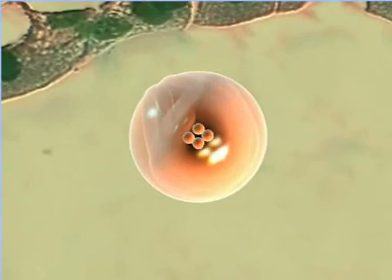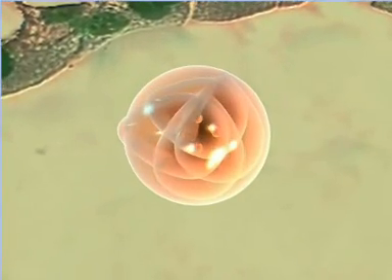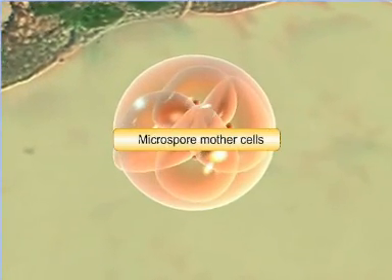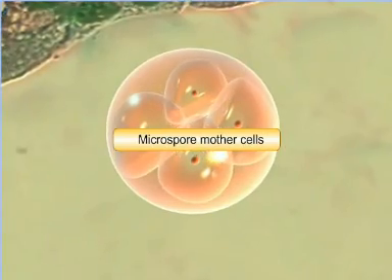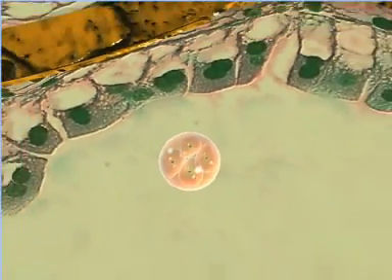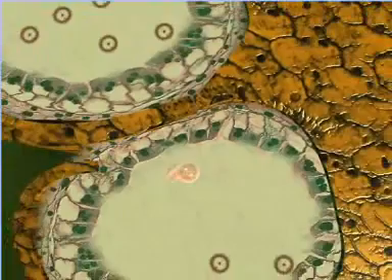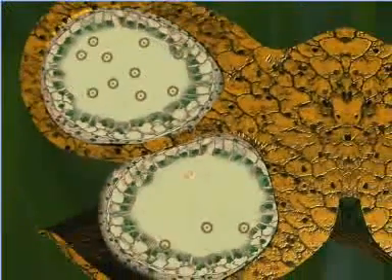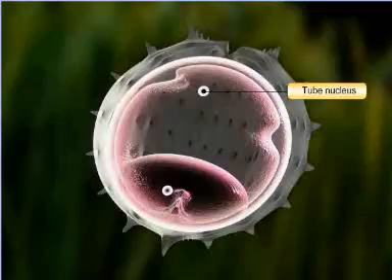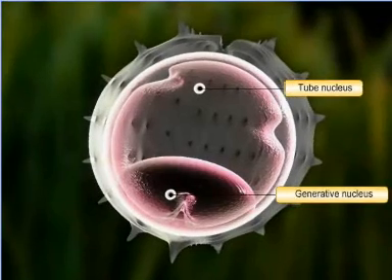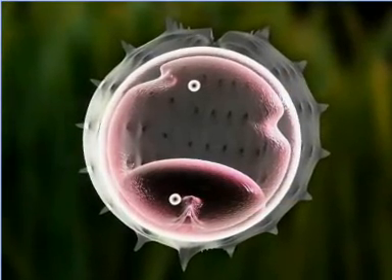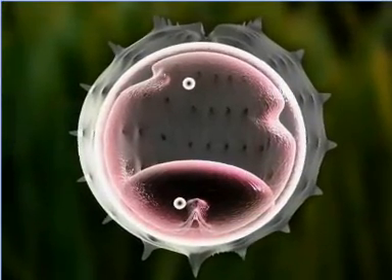The anther or microsporangium of an angiosperm plant contains microspore mother cells that undergo meiotic division to form the male gametophyte called pollen grains. The mature pollen grain contains a tube nucleus and a generative nucleus that divide mitotically to give two non-motile male gametes.